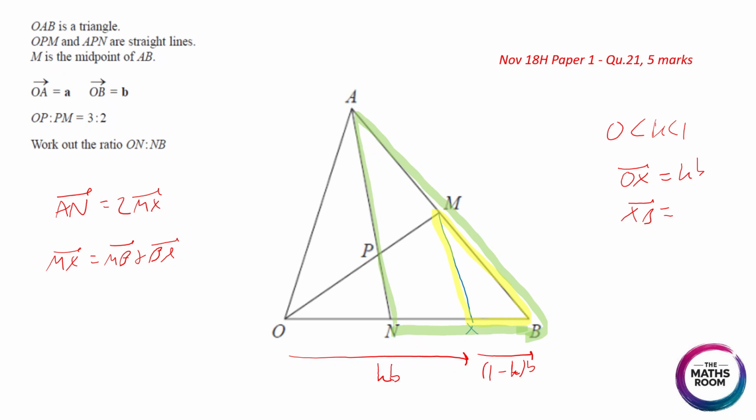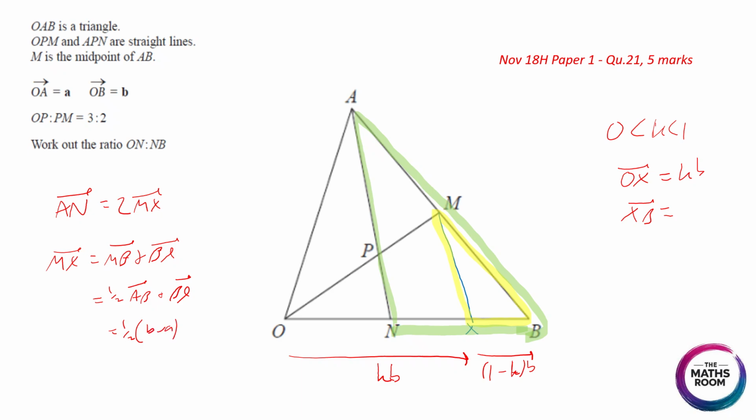Now, what is M to B? M to B is obviously a half A to B. So that's a half vector A to B plus a vector B to X, again as neat as possible. Well, the vector A to B, from A to B, we go A to O plus O to B, which is b minus a.